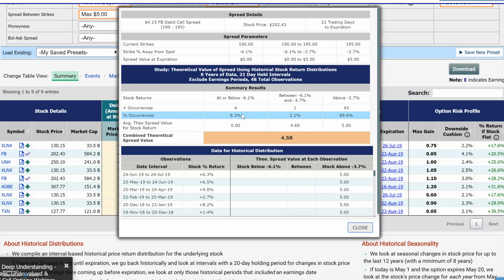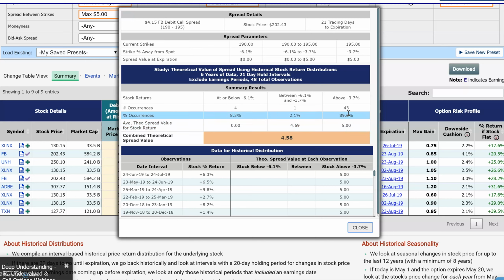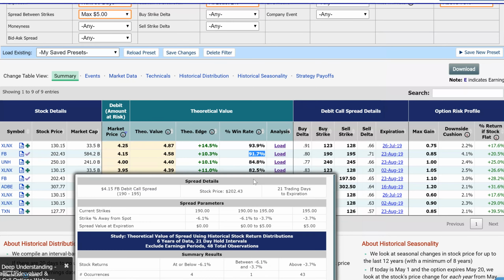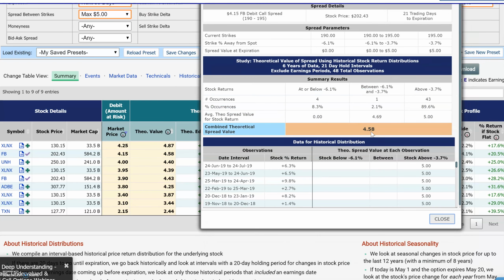So then we take all these to see the long-term value. If you did this same spread over and over again, what would be the average value at expiration? So 8.3% times 0, 2.1% times $4.69, 89.6% times $5. You sum them up, and that's $4.58. So that's how this theoretical value came about.